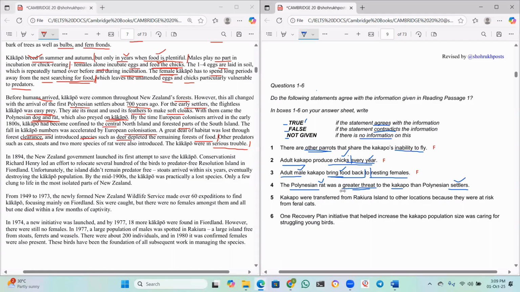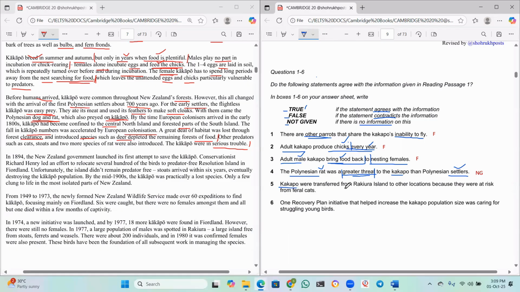The question is about who is the greater threat, the rat or the settlers, but nothing is given in the paragraph. So what is the answer, guys? It's not given, because it's not clear who is a greater threat, whether the rats or the settlers. So obviously we cannot answer that. Right. We look to the next question then.